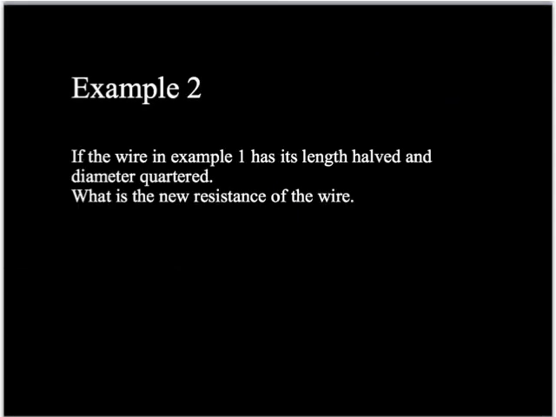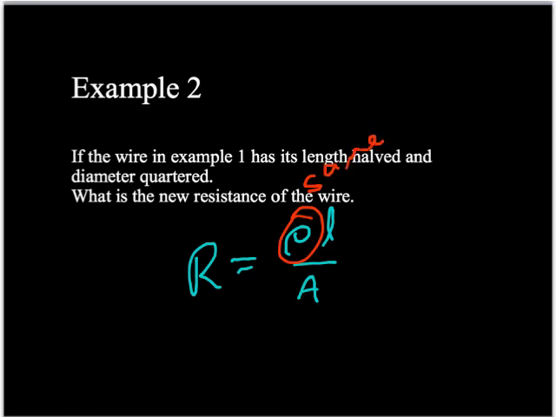If the wire in example 1 has its length halved and diameter quartered, what is the new resistance of the wire? So if we look at the resistance formula, rho L over A, rho is staying the same, but we are halving the length and the diameter is quartered. Now remember, area is pi r squared.